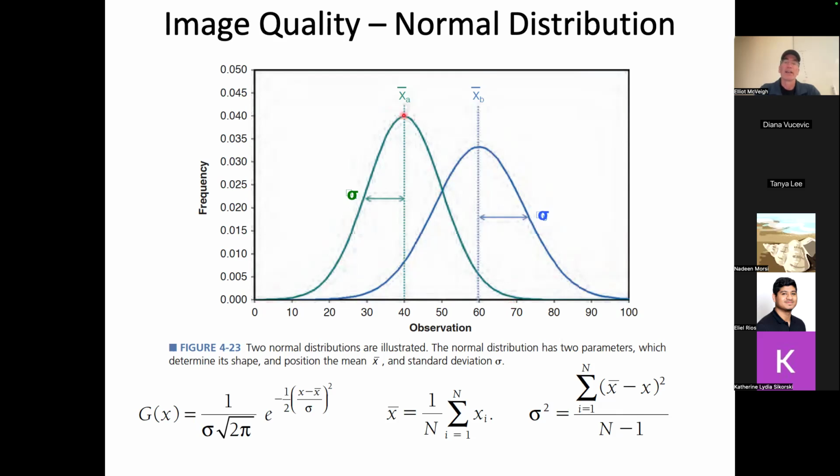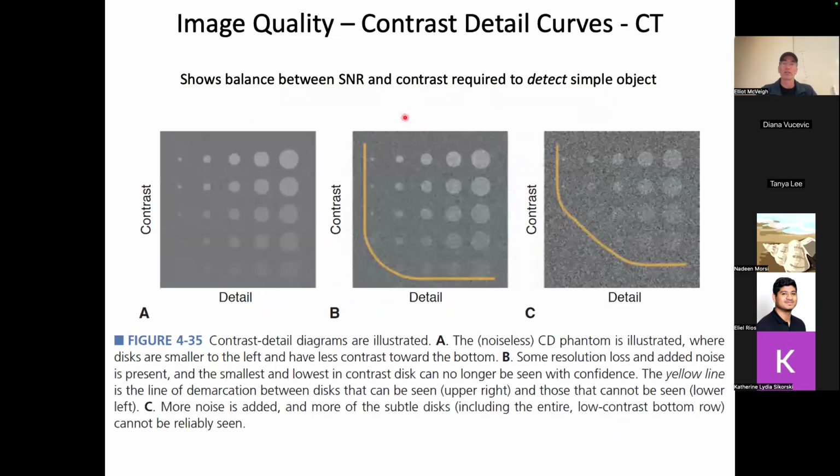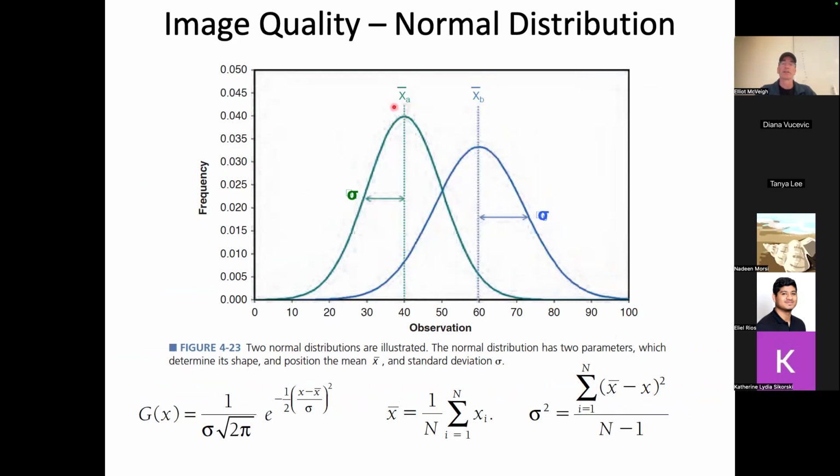And so the histogram tells you what the mean value of the background is. If I took all of the pixels in the background, the dark ones here, and I average all of them, I will get this average value of the background. And the width of this histogram tells you the distribution of values around that average, right? So if the distribution is really wide, that means there's a lot of variability in the signal amplitude of the background.